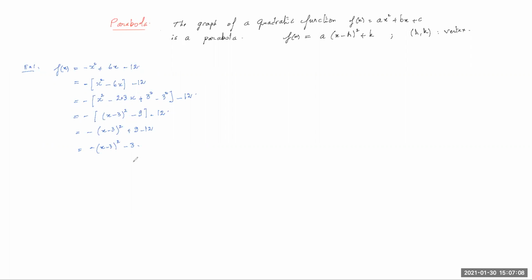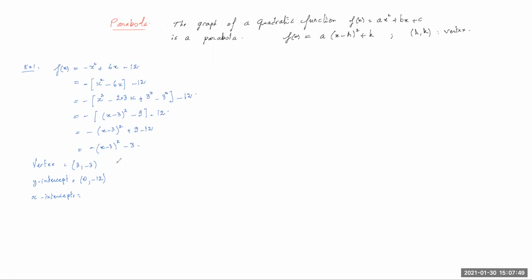From here, we deduce that the vertex is the point (3, minus 3). You can identify the y-intercept: we need to choose x equals 0 and read the value, which is 0, minus 12. For the x-intercepts, I need the intersection with the x-axis, which means y is 0.